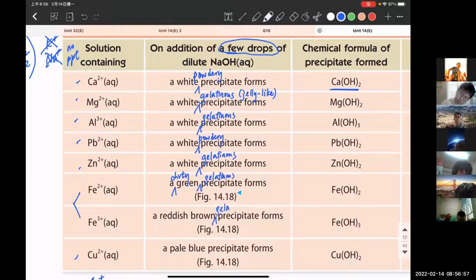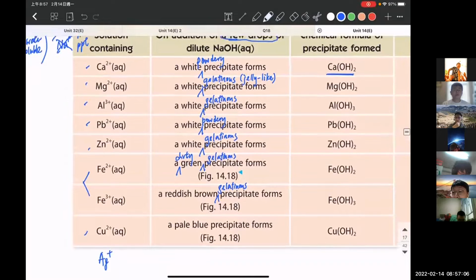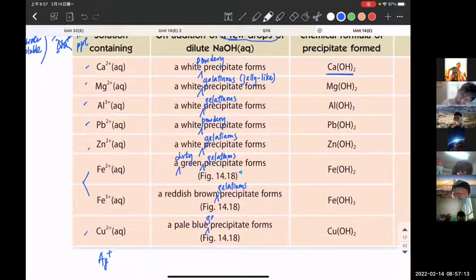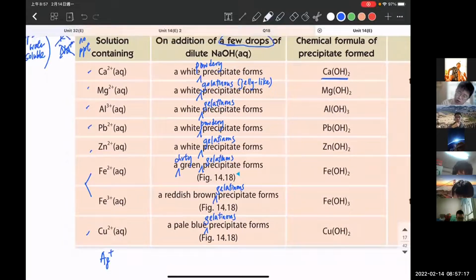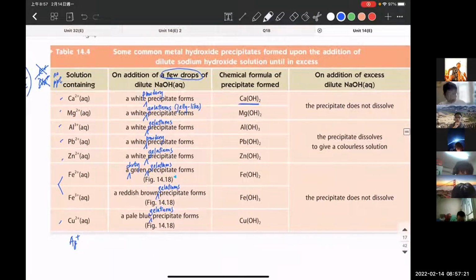But it doesn't matter, even though you do not see it as jelly-like, based on the color, you can easily distinguish which is which. How about copper 2? It's also jelly-like. So the reason behind is that we have got the precipitate of hydroxide. Can you see that? Okay.